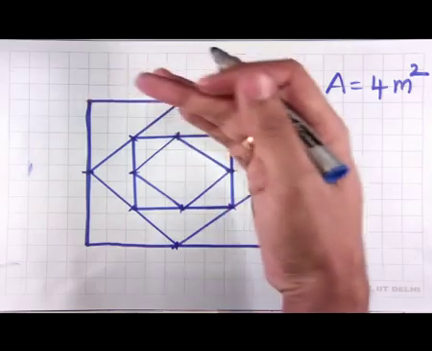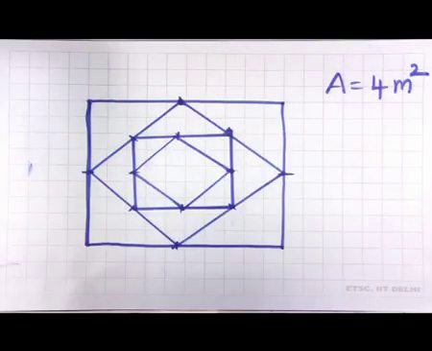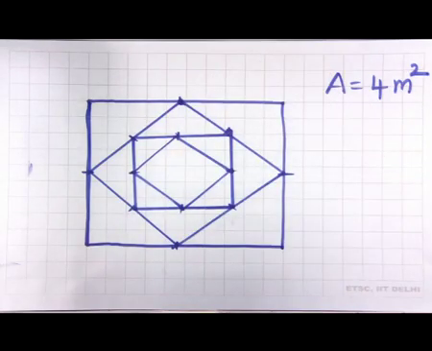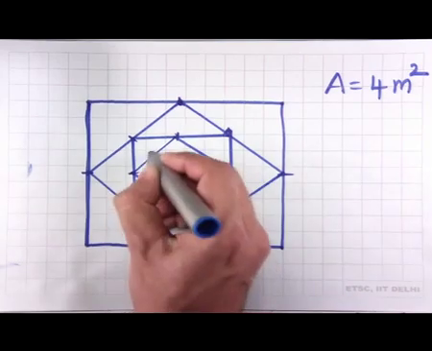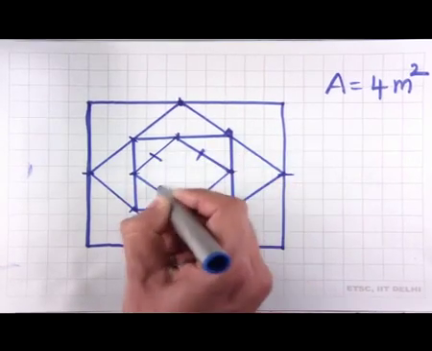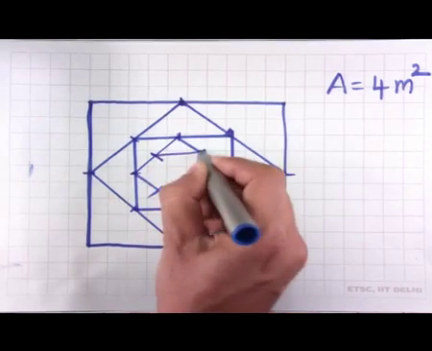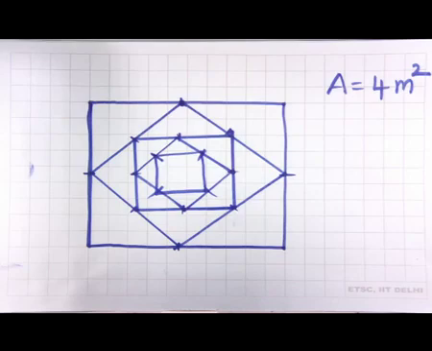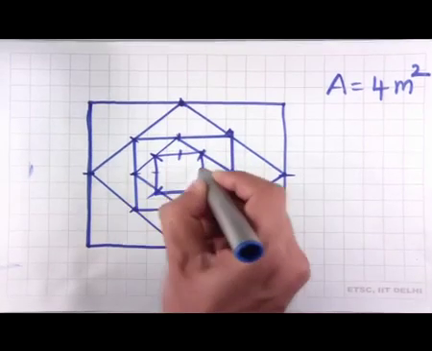How do you get the next square? That is by joining the midpoints of each side of the previous square. This pattern is continued. So, this will be your 5th square in the pattern, and so on.